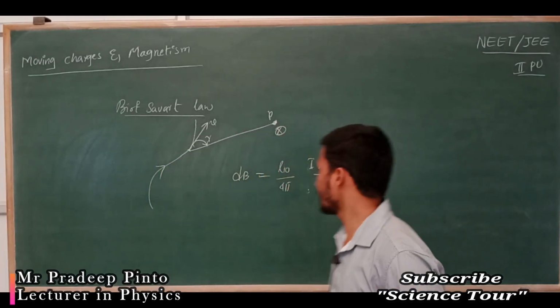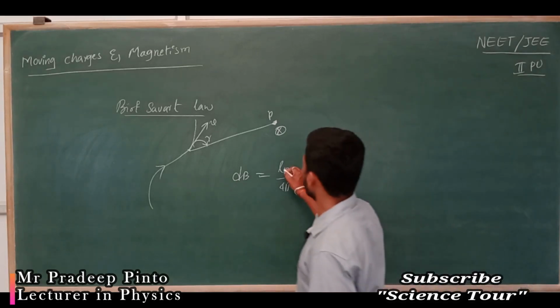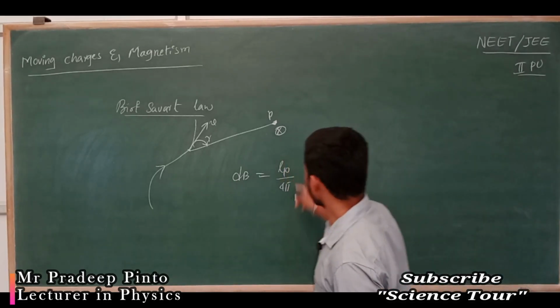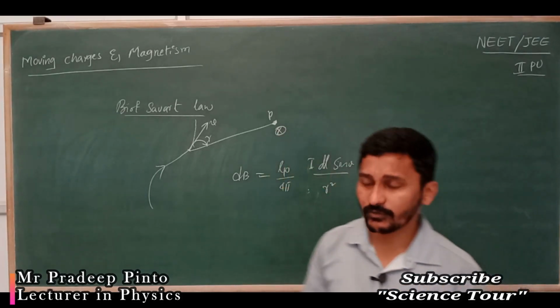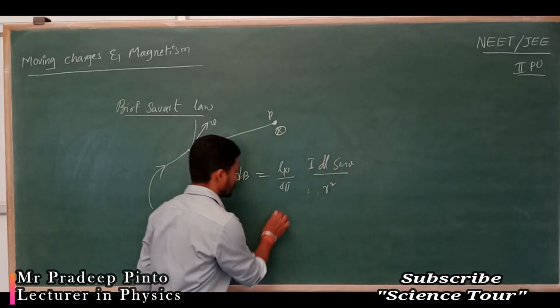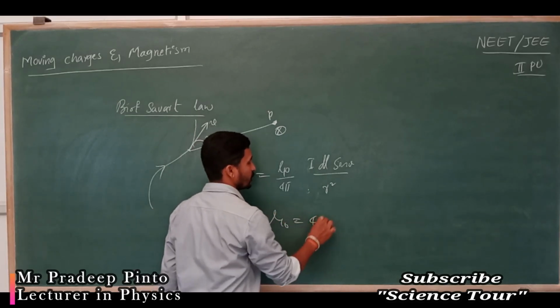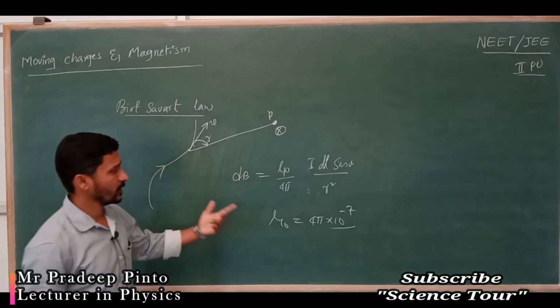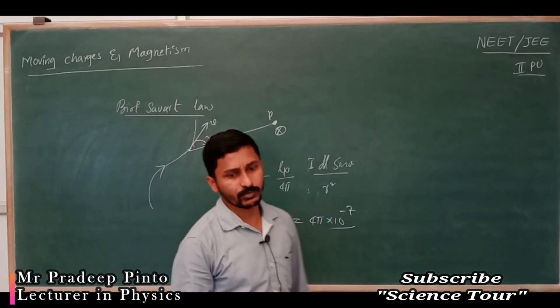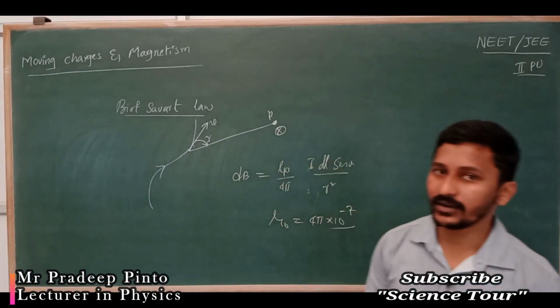Here mu naught by 4 pi is a constant, and you must know its value: mu naught equals 4 pi into 10 to the power minus 7, or mu naught by 4 pi equals 10 to the power minus 7 tesla meter per ampere.